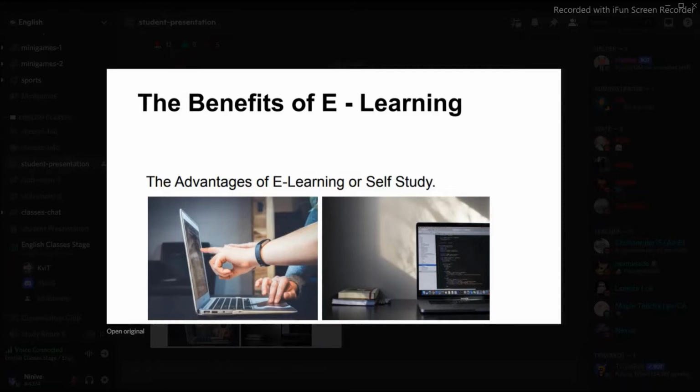But nowadays, it has become very easy. When we have computers and internet, we can search for whatever we want to learn. That's the idea behind e-learning. How is e-learning actually implemented in our life? Next.